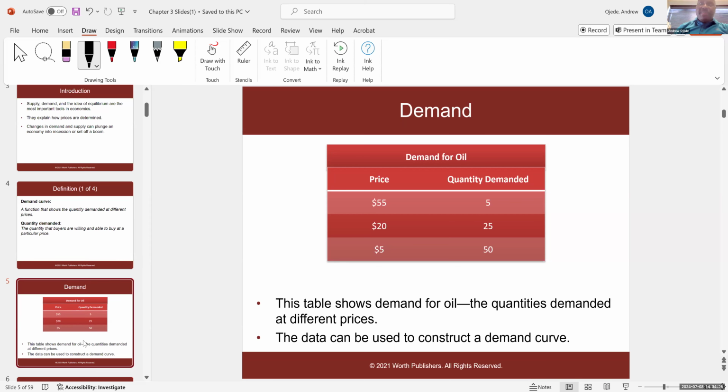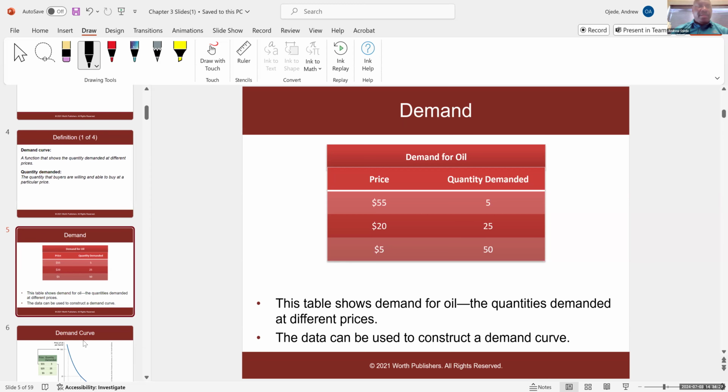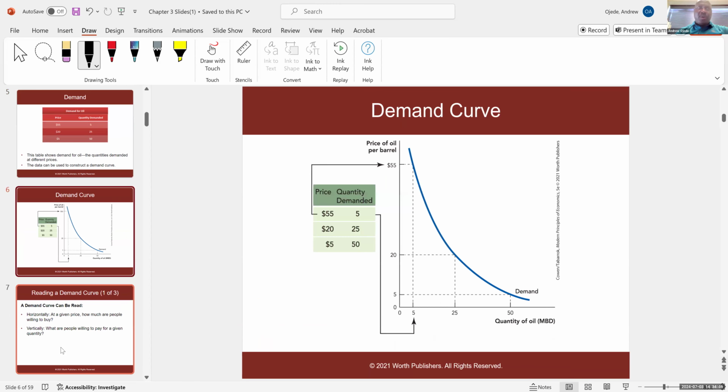So we call this a demand schedule. We can plot these points on a graph. Typically, when we're showing the relationship between the price of a product and the quantity that consumers want to demand, we always put price on the vertical axis. When the price is $55, quantity demanded is 5, just like it's depicted in the table.